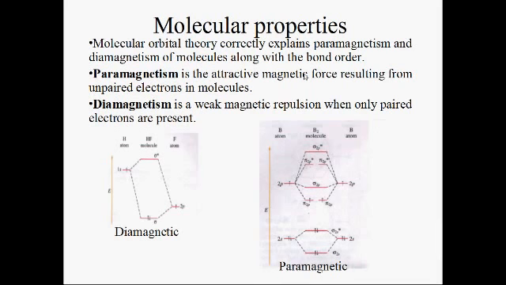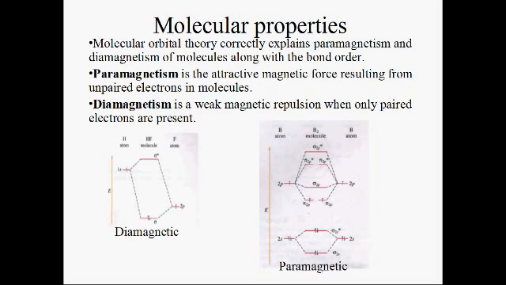So another property is the magnetism of compounds. A paramagnetic compound is attracted by magnetic fields. This happens when we have unpaired electrons. So that makes the molecule magnetic when it has unpaired electrons, because each unpaired electron has a magnetic field associated with it.